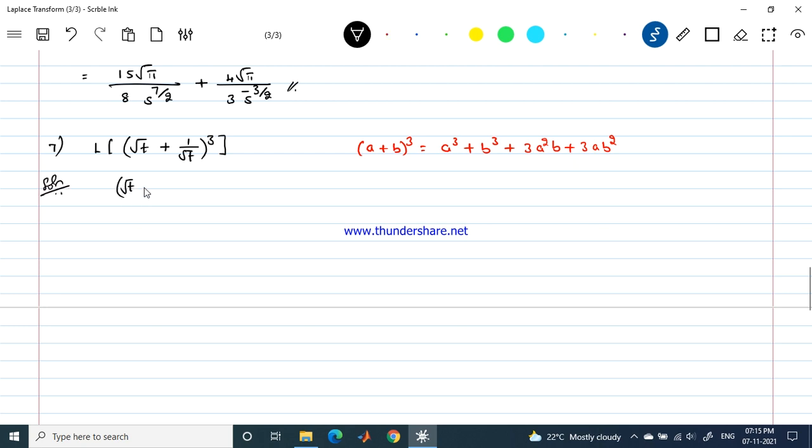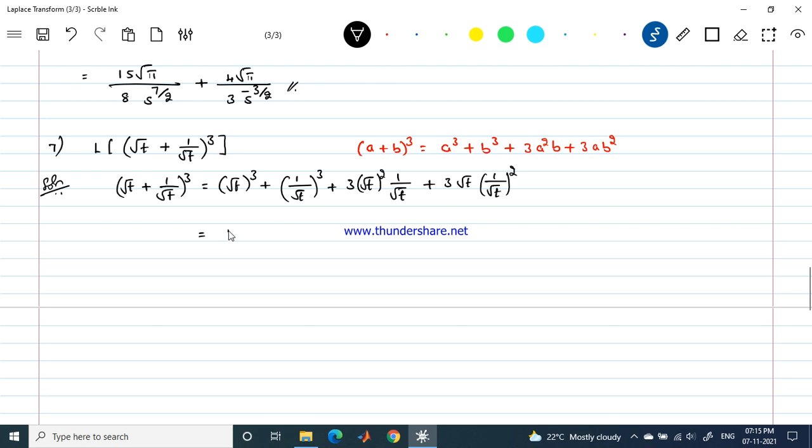So root t plus 1 by root t whole cube is equal to a cube, that is root t cube, plus 1 by root t whole cube, plus 3 root t square into 1 by root t plus 3 root t into 1 by root t whole square.